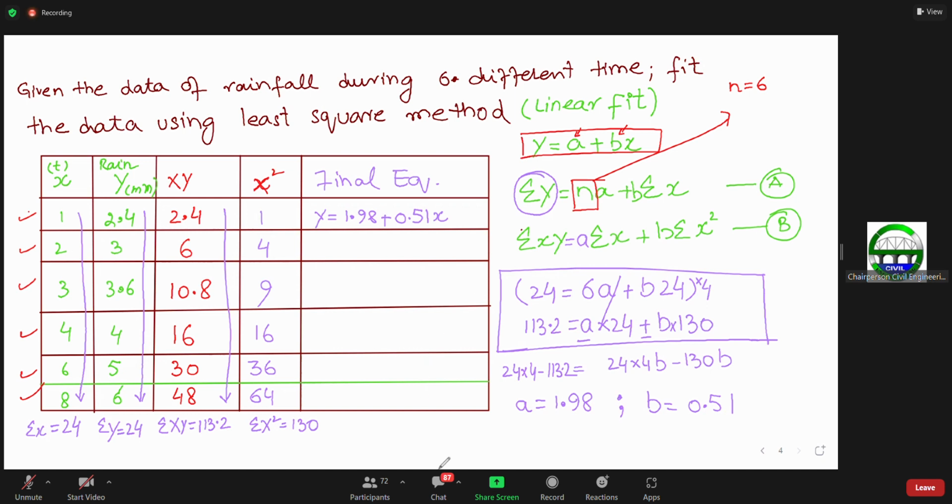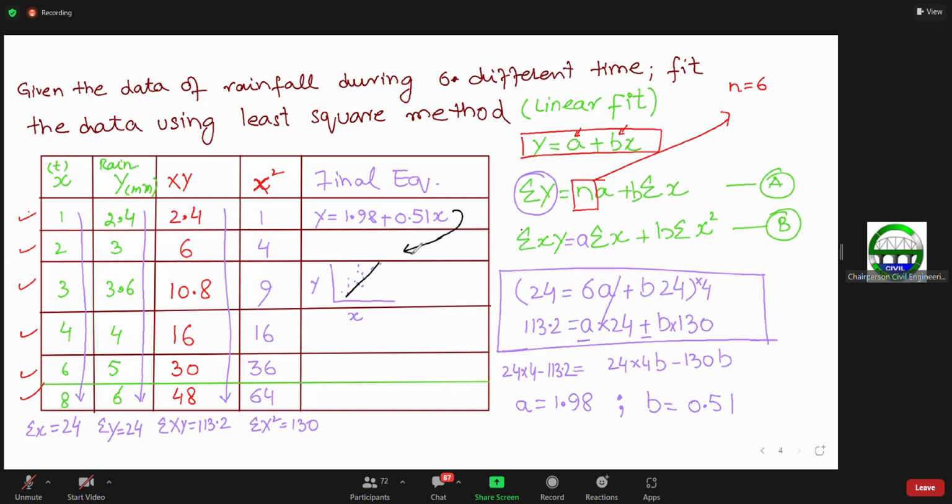So what does it tell you? It tells you that, for example, if I have a data set like this, this is your x, this is y. If you have some data like this one, so this line represents a best fit line for our data set, right?